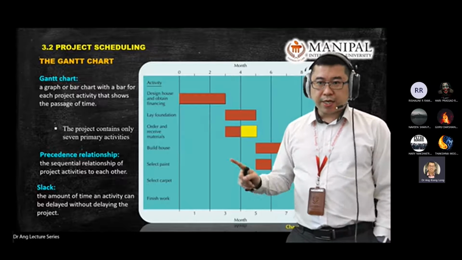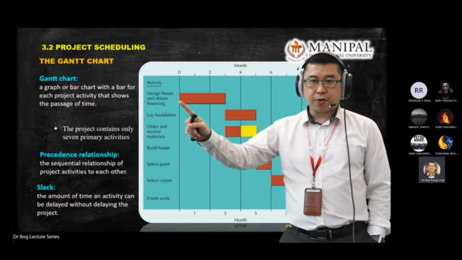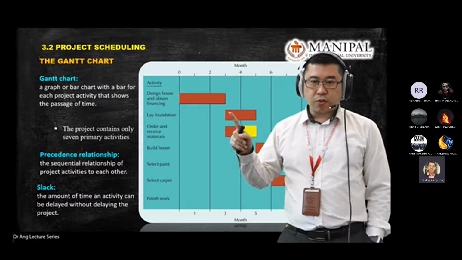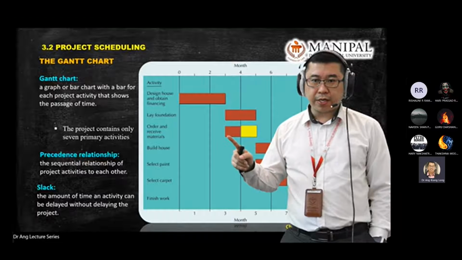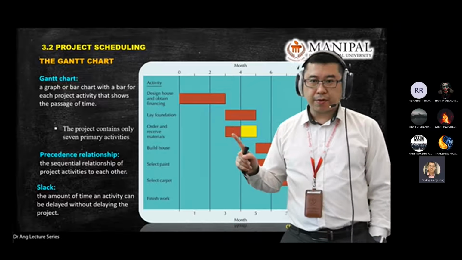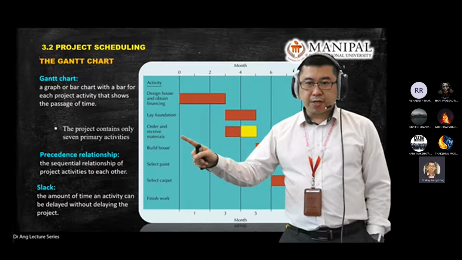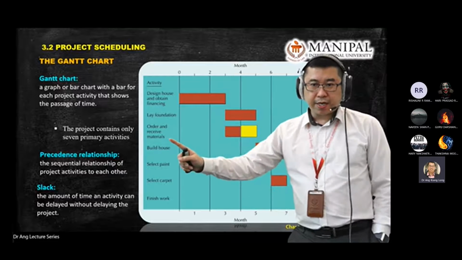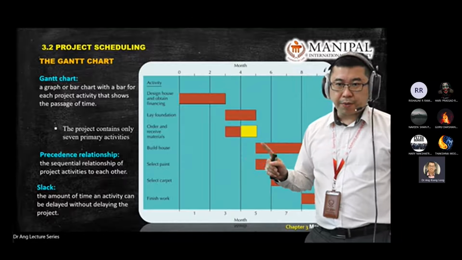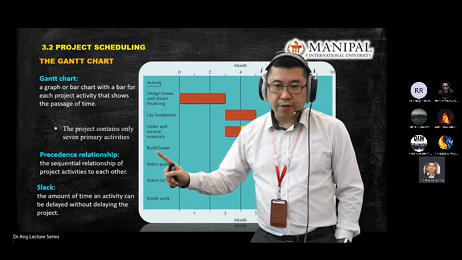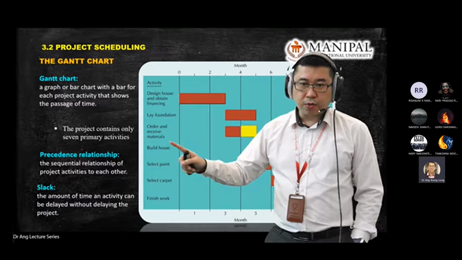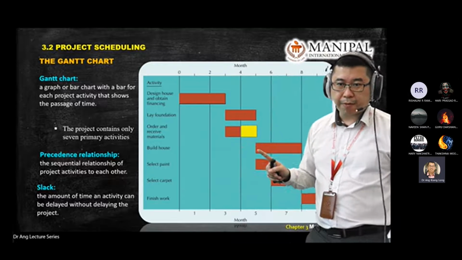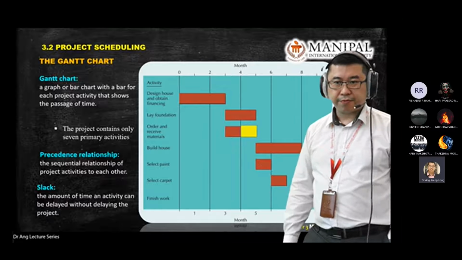In this Gantt chart, you cannot start before you do the financing. So only when you have completed financing can you start ordering material. However, because of the arrangement inside this Gantt chart, this one can be done before the start of building the house. You can do this activity before item number 4 and number 5.